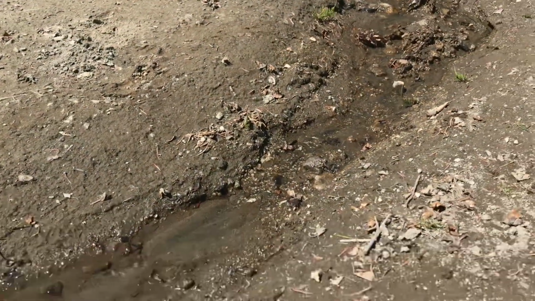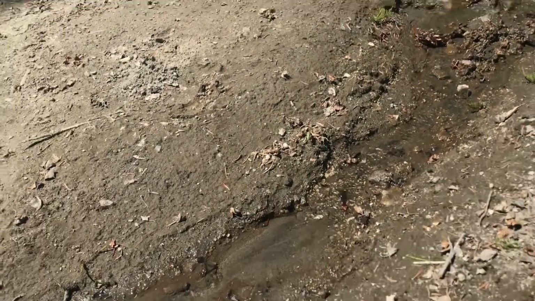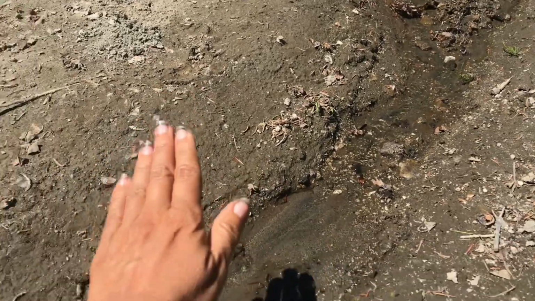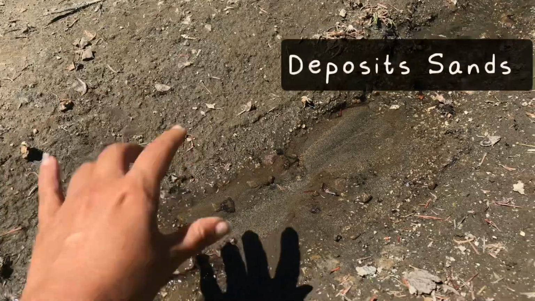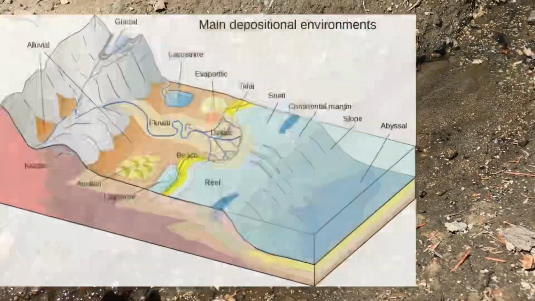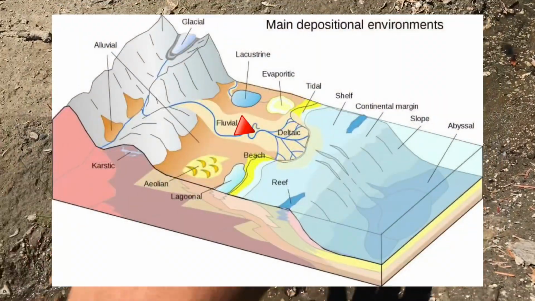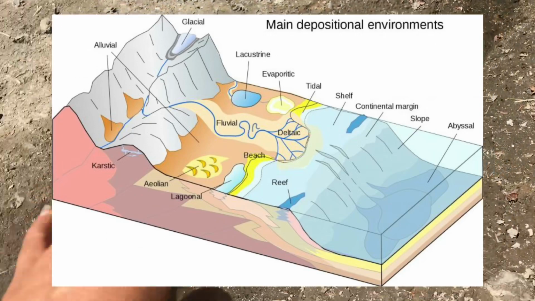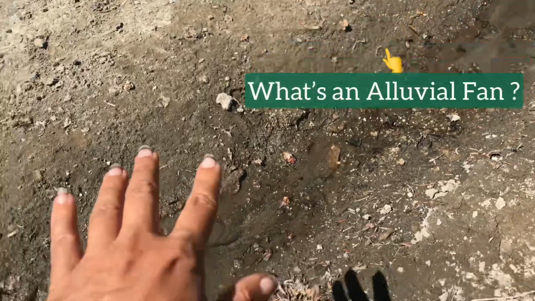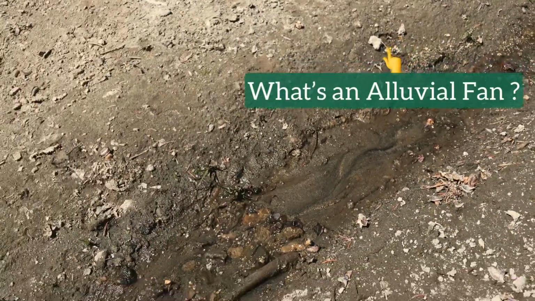Our water is not flowing at as steep of an angle, and it's not as sharp. So it's going to start to drop some of its sediment load as this gets less steep. And as the energy, we talked about this in another video, the energy of this system starts to slow down, it will start dropping off sediment. And so you'll see more sediment.